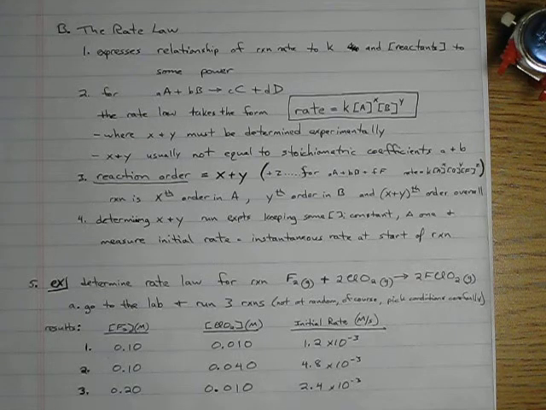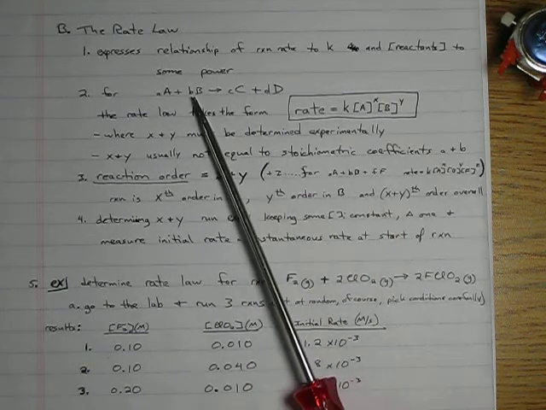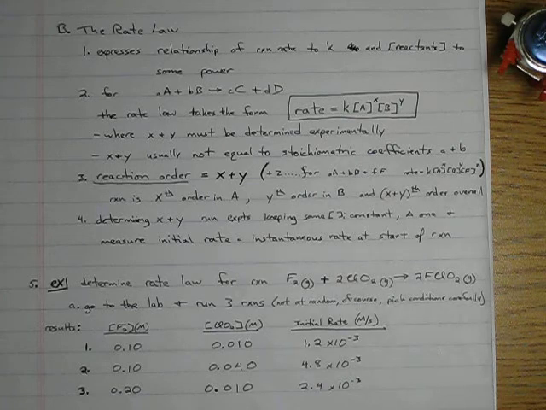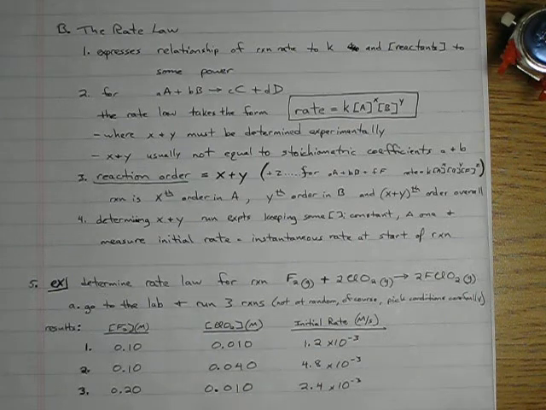However, by looking at a reaction and its coefficients, you cannot put the little a here for X and little b here for Y. You cannot do that. The only way to determine X and Y is by running an experiment. And that's what we want to do.